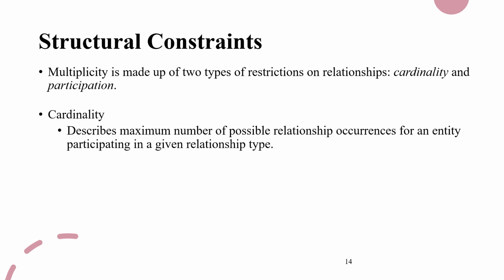For the structural constraint, multiplicity is made up of two types of restriction: cardinality and participation. You learned the cardinality in the ER. It describes the maximum number of possible relationship occurrences for an entity. Like the previous example, 5 to 10. Another example, for this class in FSKTM, only 1 to 35 students are allowed in one section.